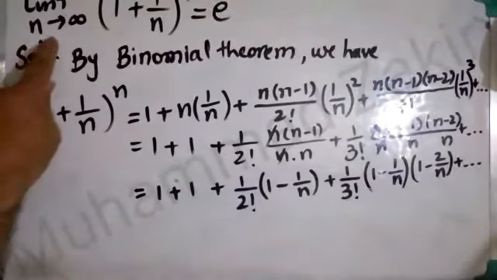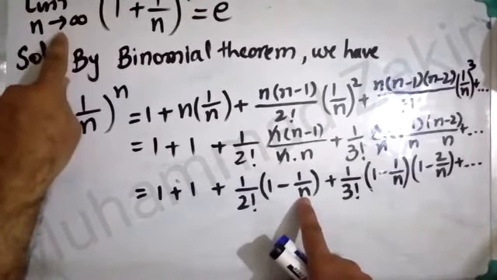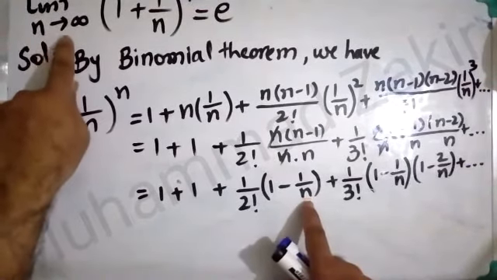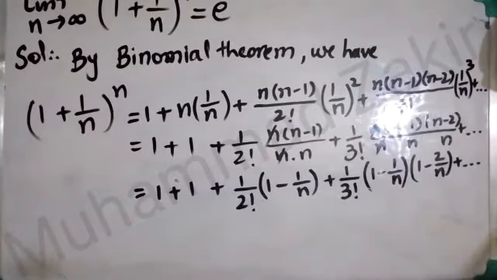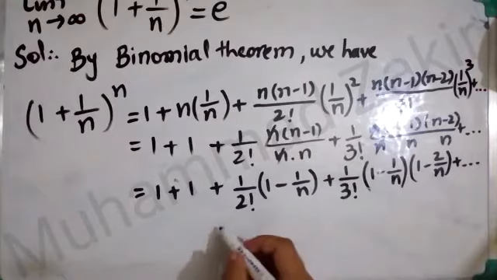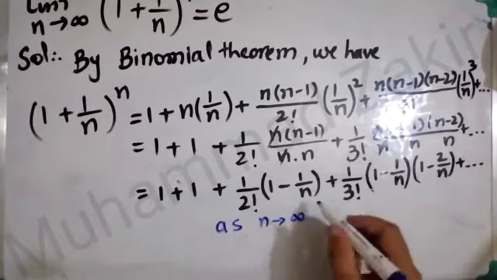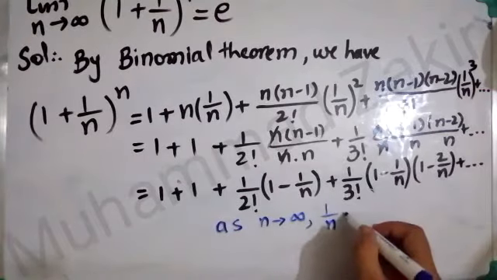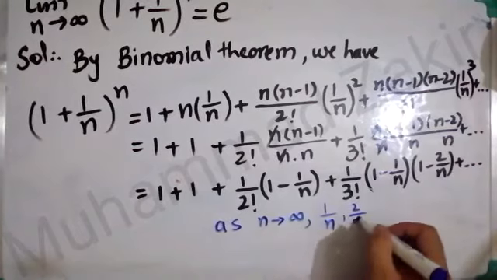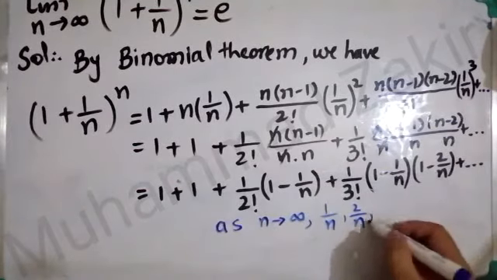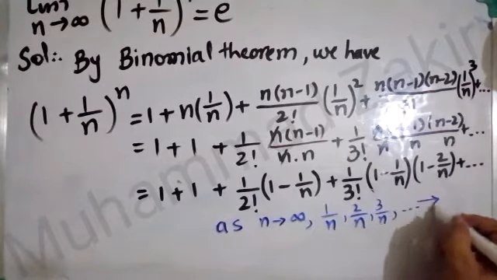Here n approaches infinity, remember, 1 by n will approach 0. So we write here, as n approaches infinity, here we have 1 by n, 2 by n, it can be 3 by n later on, and so on. All these values approach 0.